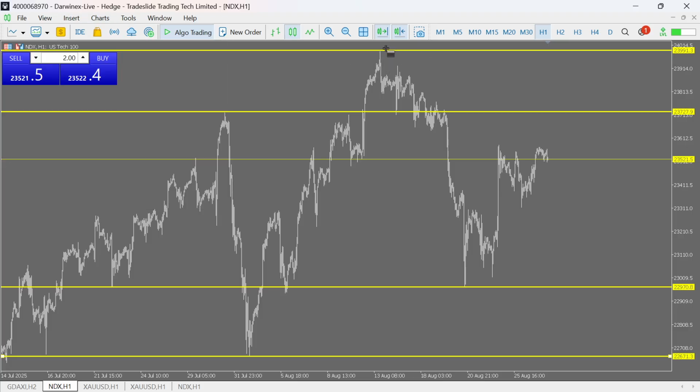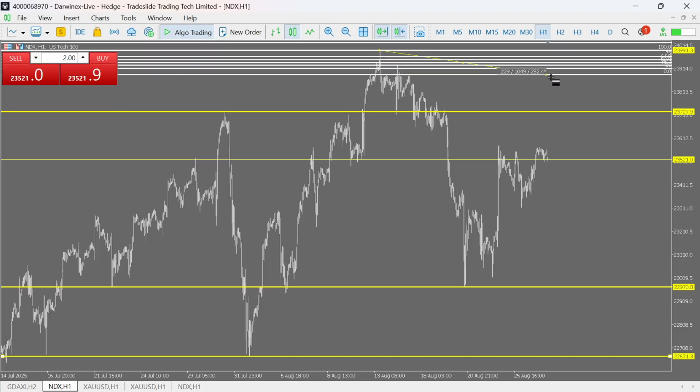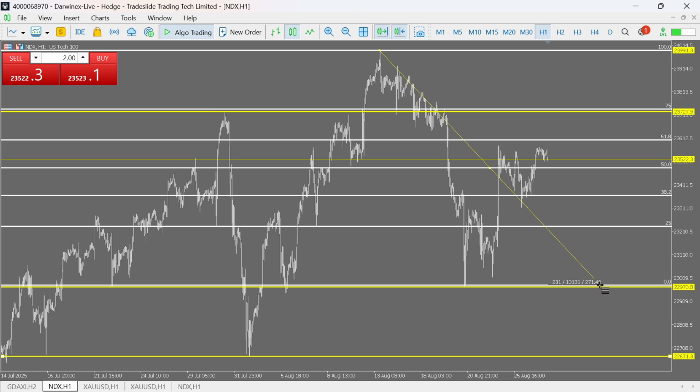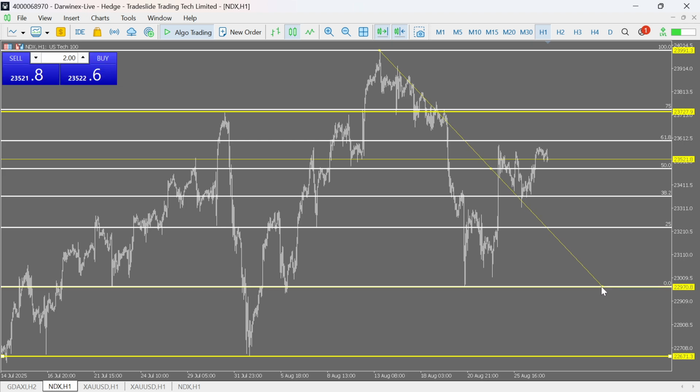Fibonacci retracement, our last impulse is here. How about that, people? Yeah, it almost hit the 61 Fibonacci ratio. The price is within the Fibonacci ratio. So it's not crazy to believe that this price is going to continue to the downside.